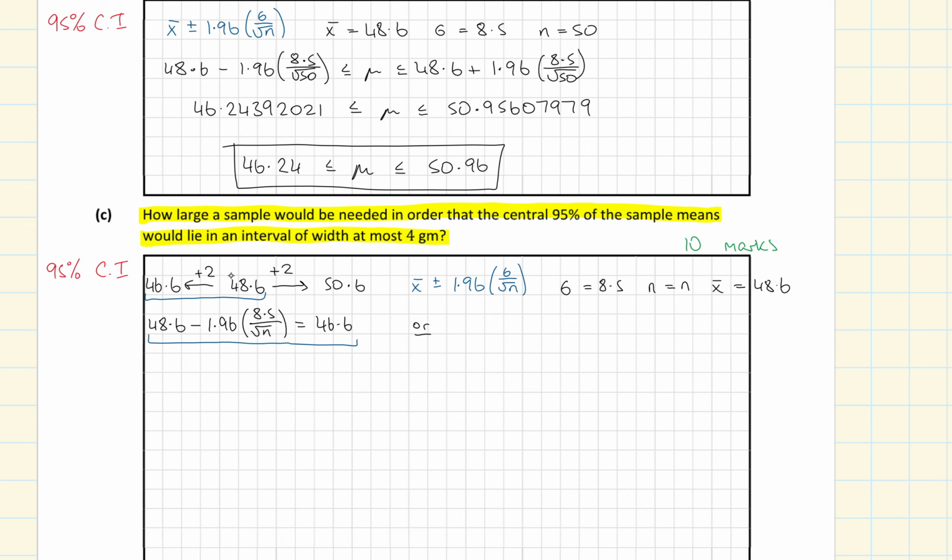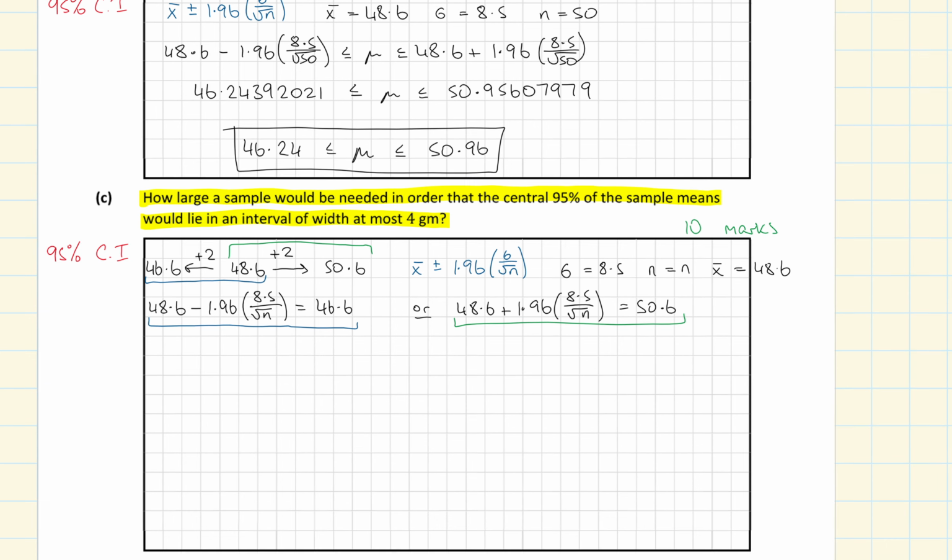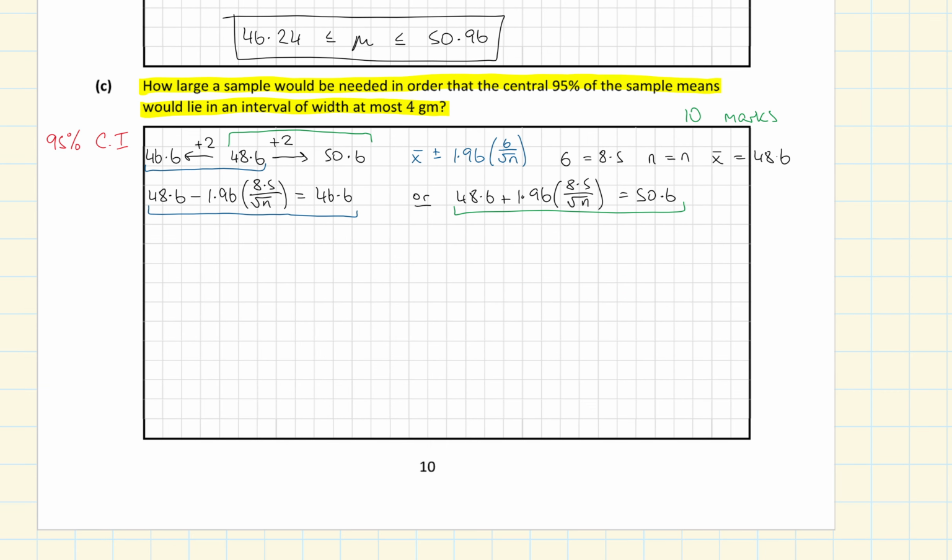Or the other option then is the green. And that would mean that 48.6 plus 1.96 times 8.5 over root n would give us back 50.6. And there's your green. Okay, so I'm going to run the 2 down together, but as I said, you only need to pick one to get your answer.